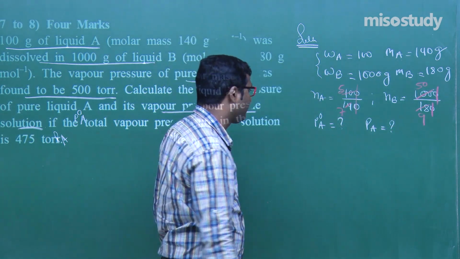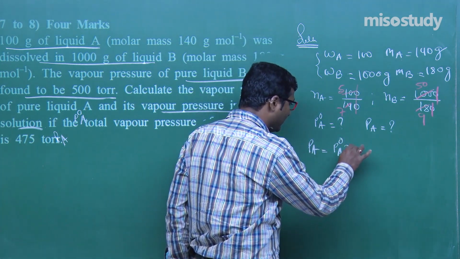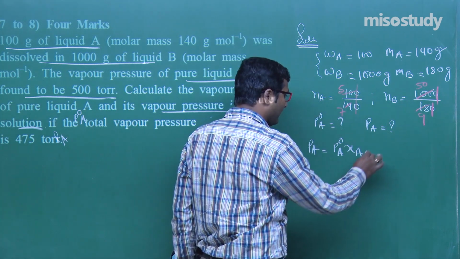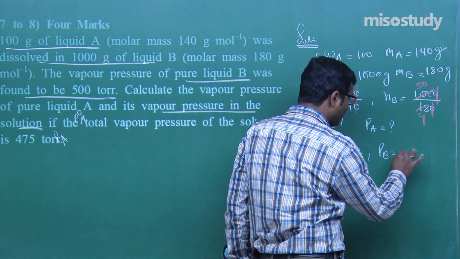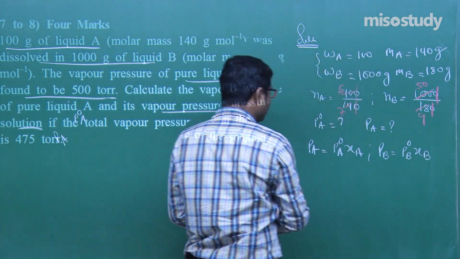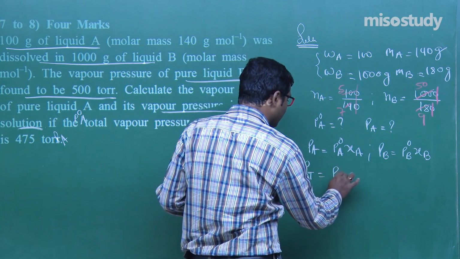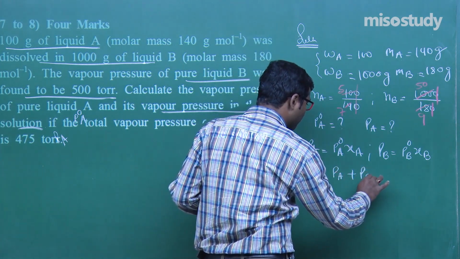Now listen carefully. As we know, PA is equal to P naught A into XA and PB is equal to P naught B into XB, and the P total is given here, that is PA plus PB.